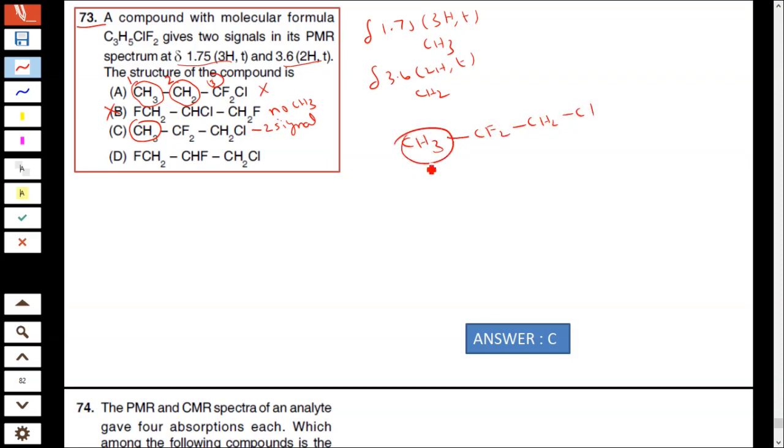This gives the 1.75 3H triplet, and this gives the 3.6 2H triplet. Option C is correct. Whereas in option D, there was no CH3. There was no methyl group. This was also ruled out.